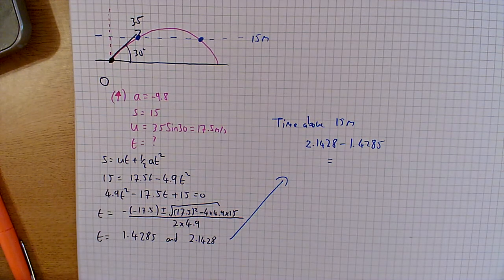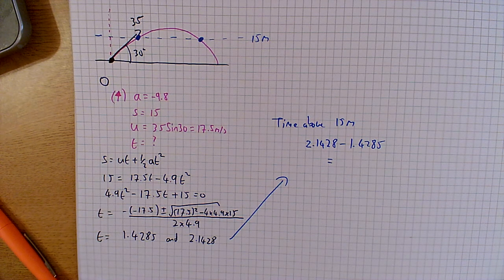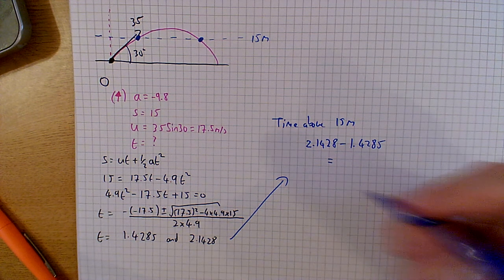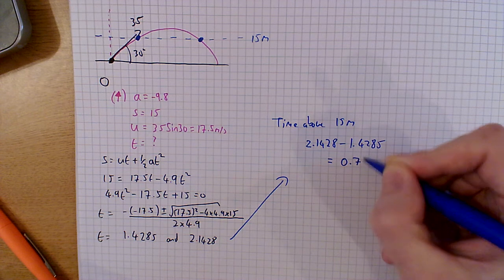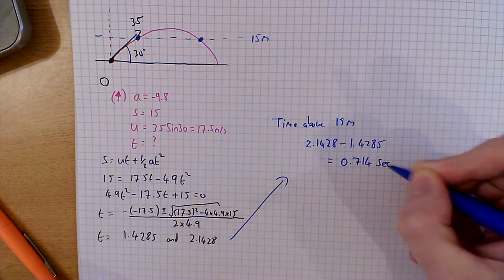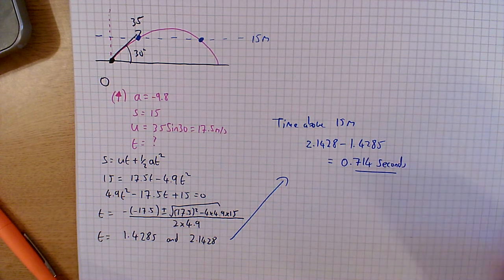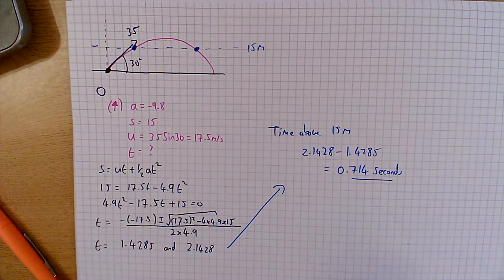And notice again that I've used quite a lot of accuracy there. I know I'm going to round it to 3 significant figures at the end, but I just want to make sure that I don't round it prematurely and change my final answer by 1 decimal place or anything like that. So I get 0.7143, so to 3 significant figures, it's 0.714 seconds. Okay, that's the total amount of time that our object is above 15 meters.